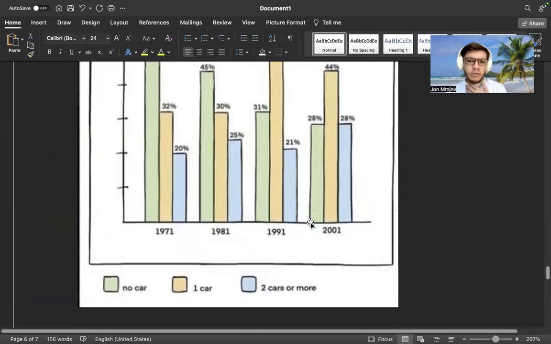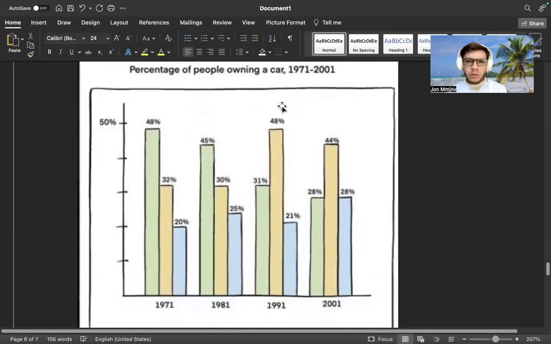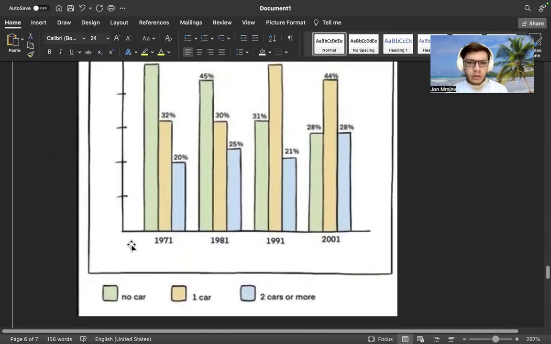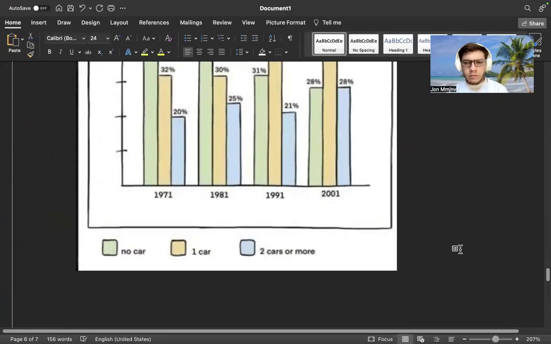Okay, this is quite visible, I guess. That's not terrible. Let's read. The chart shows the changes in car ownership in a country. Percentage of people owning a car. Okay, no car, one car, and two cars or more. I'm not gonna mention these, or I can mention this actually.